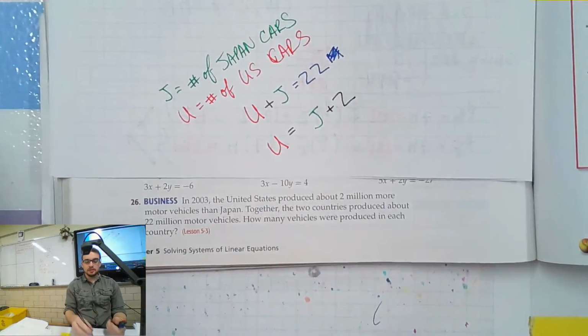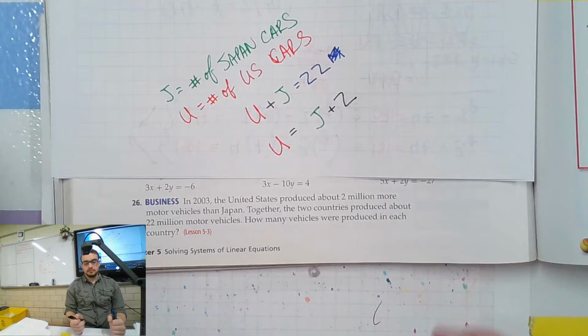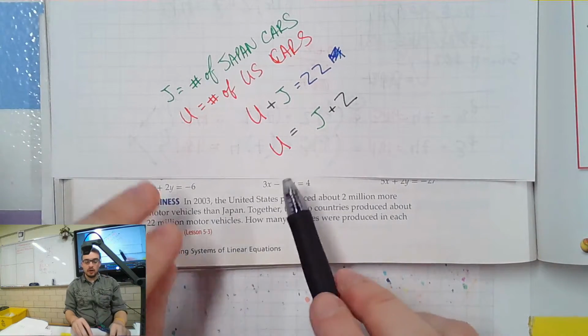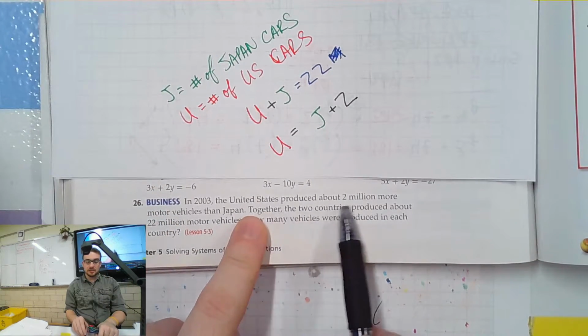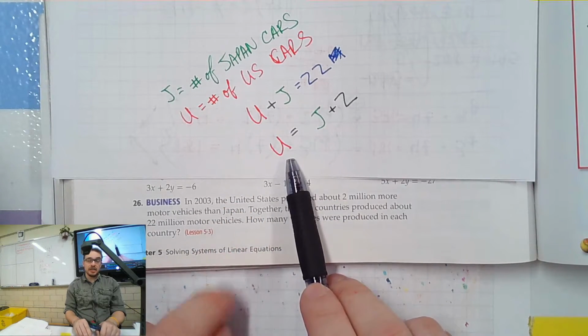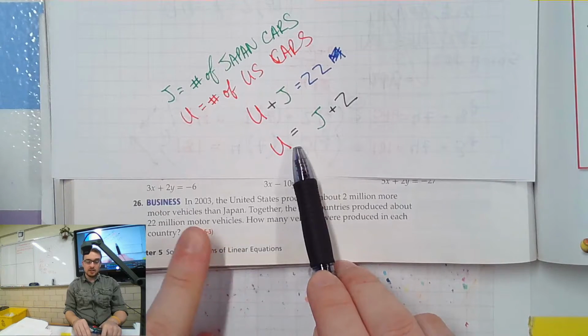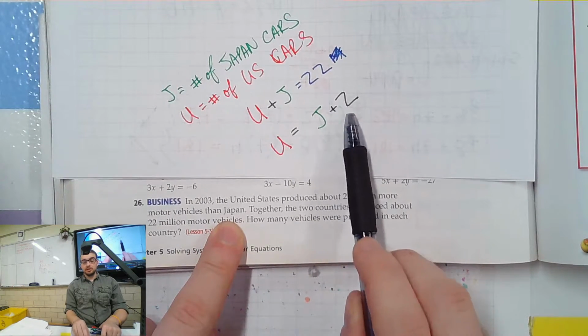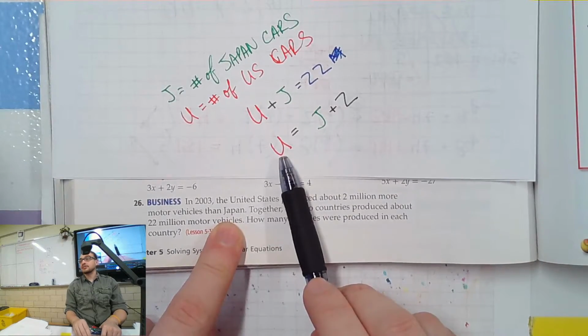Now, why is it J plus 2 and not U plus 2? A lot of people are going to want to write U plus 2 because the United States produced 2 million more, right? But in reality, the amount the United States produced is the amount Japan did, but with 2 more. If you add 2 to the amount Japan produced, that's the United States.